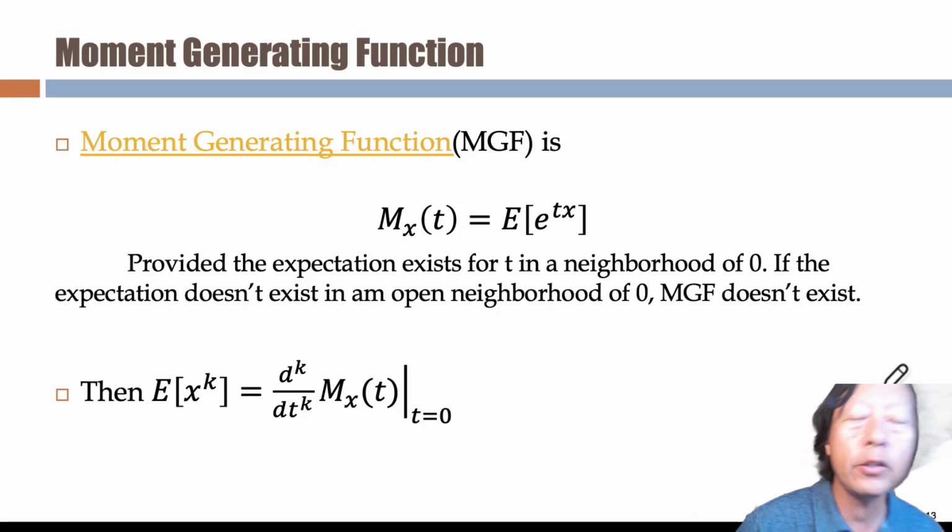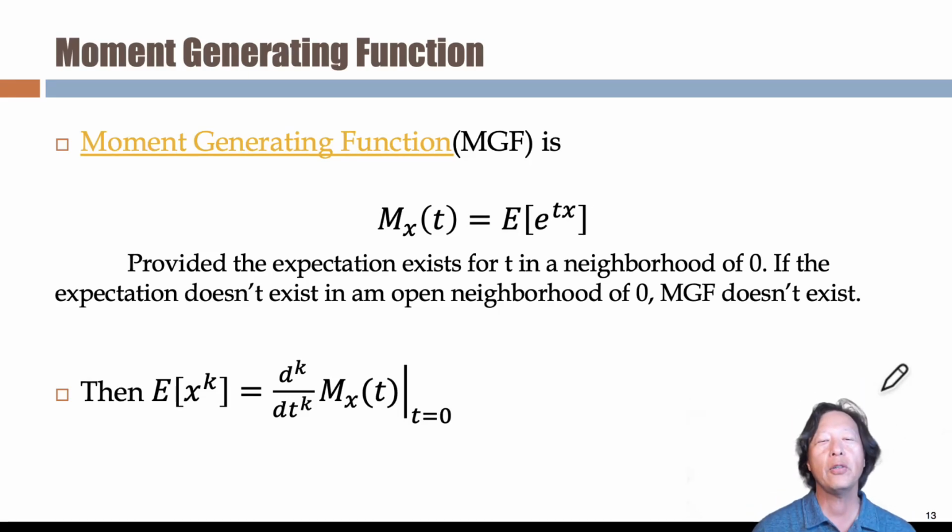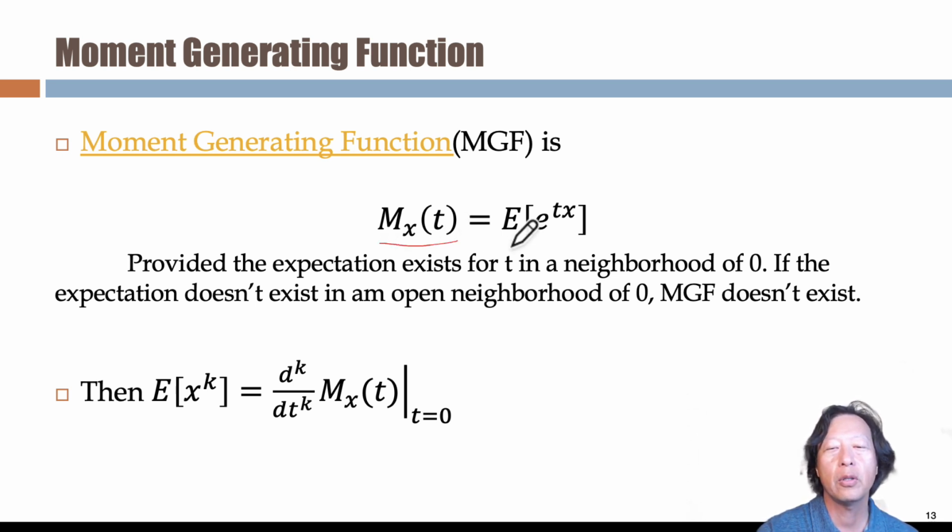Moment generating function is the function with which we can generate the moments. So we find the moment generating function M(t), which equals the expected value of e to the power of tX, provided the expectation exists for t in a neighborhood of 0.